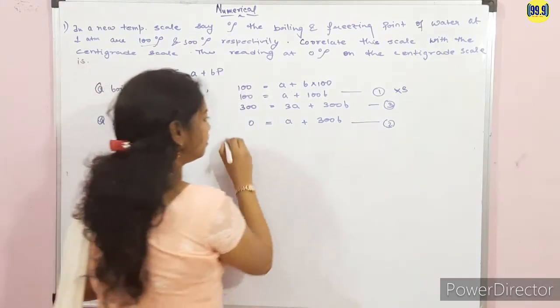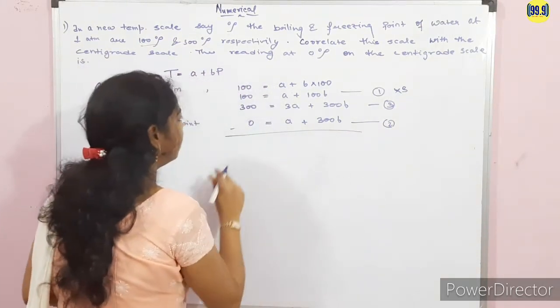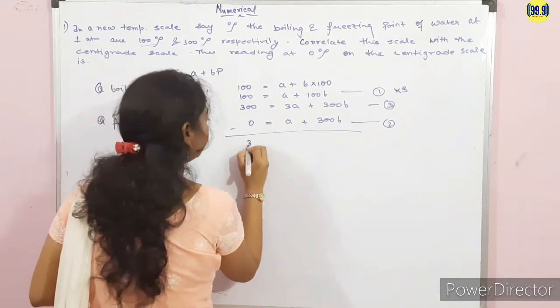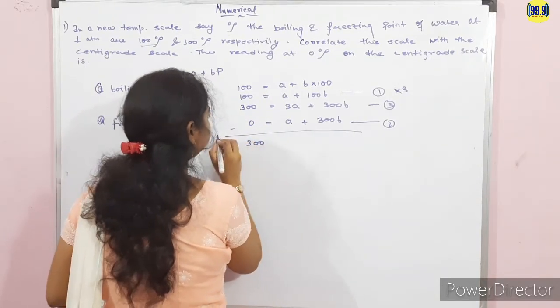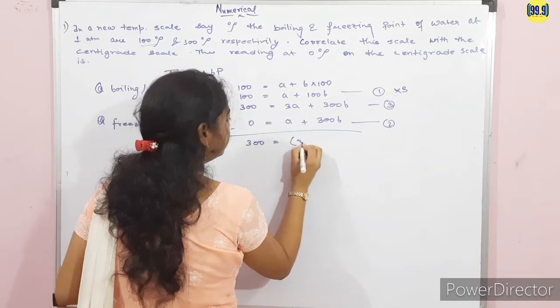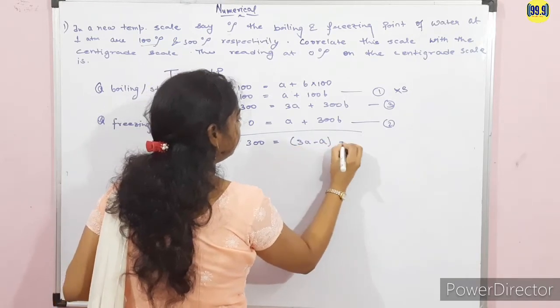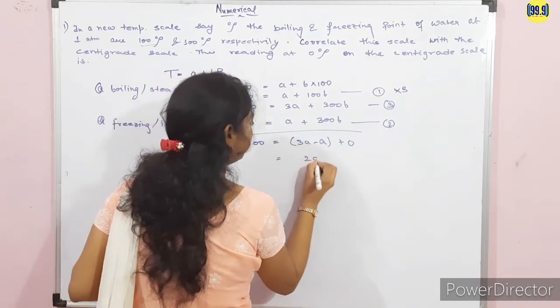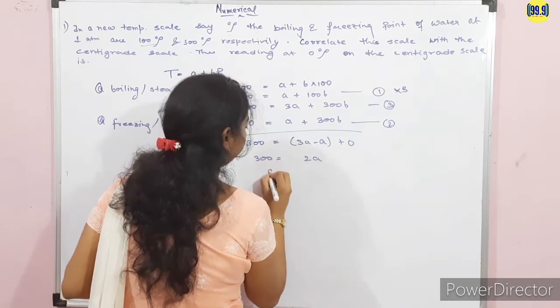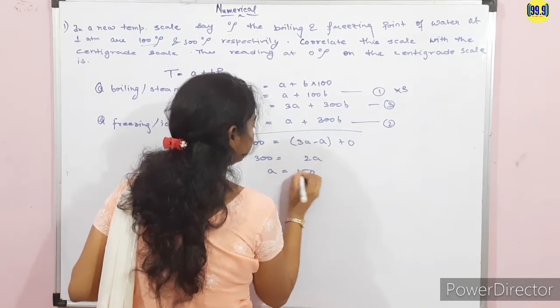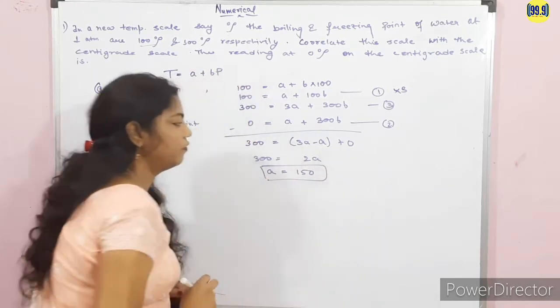Now we subtract, 3 minus 2: 300 is equal to 3A minus A plus 0, and it means 2A is equal to 300, and from here we get the value of A, that is 150.